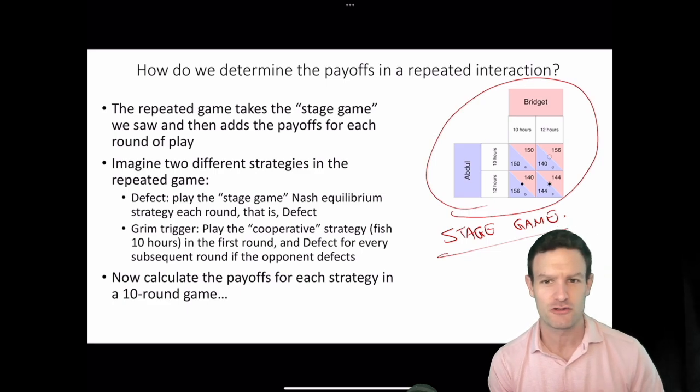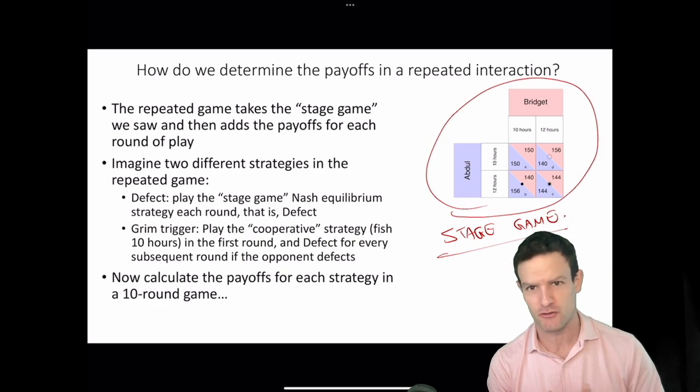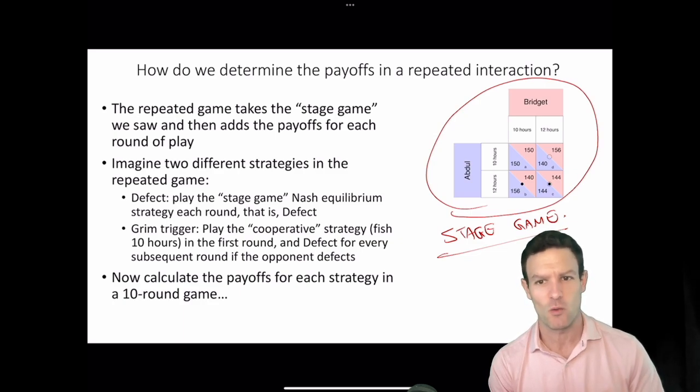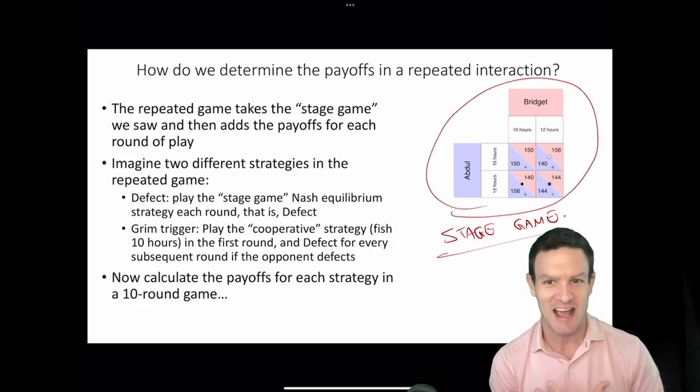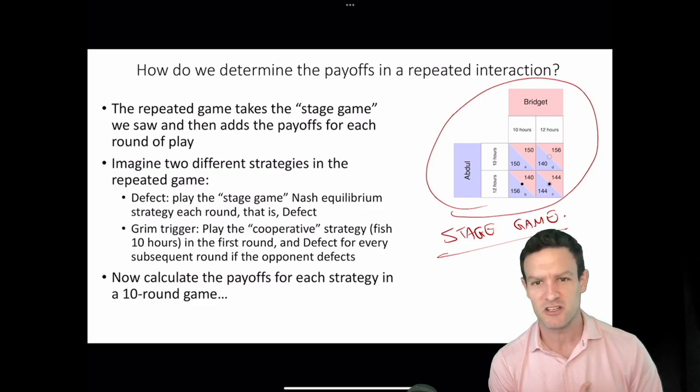Now, another kind of strategy is what we're going to call a conditional strategy. A conditional strategy is one which is based on what another player has done in a previous round. Unlike the more forgiving tit-for-tat strategy, the one we're talking about here is what we call a grim trigger strategy. And it's grim because if your opponent cheats even once, you're basically going to cheat the rest of the game yourself.